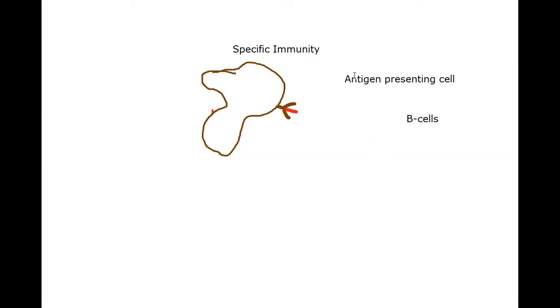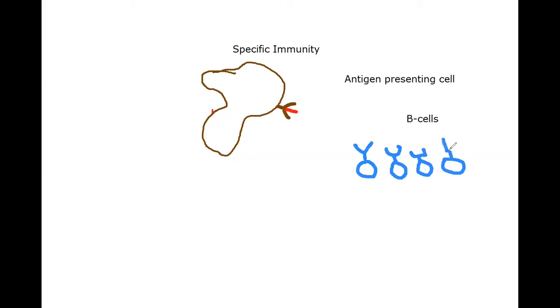So let me go ahead and make little B cells. We have a bunch of B cells just hanging out. They're inactive, they're chilling. And they each would aim for a different shape and size of antigen that might come by.